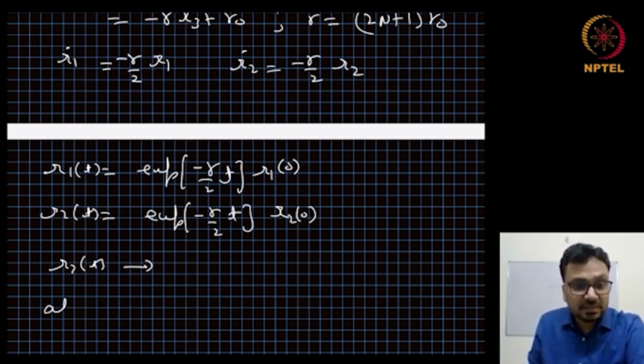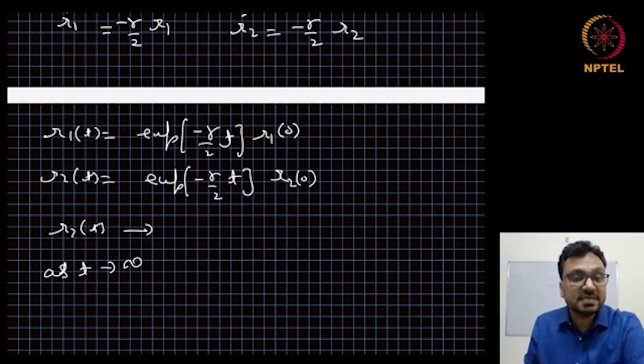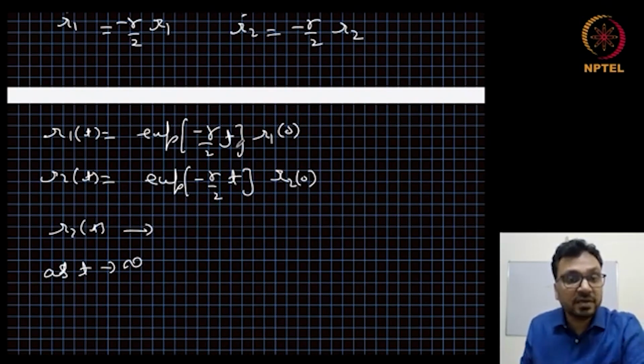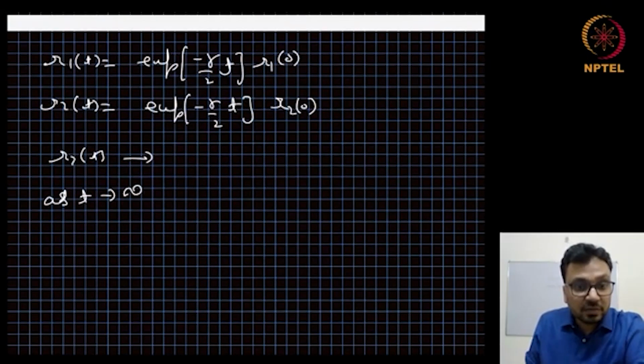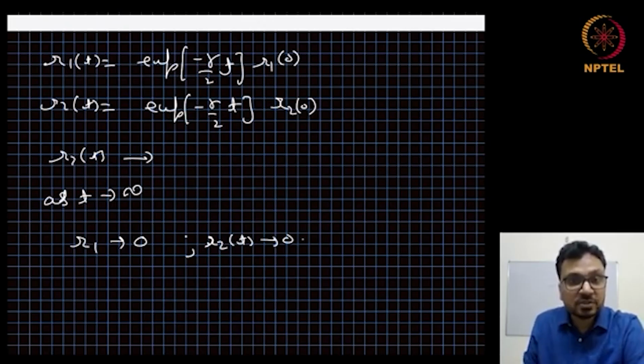As t tends to infinity, the system acquires a steady state. And in that, we can see that dR over dt should be 0. So R1 goes to 0. From this equation, we can see when we put t tending to infinity, this becomes 0. R2 of t tends to 0, because again, same equation.